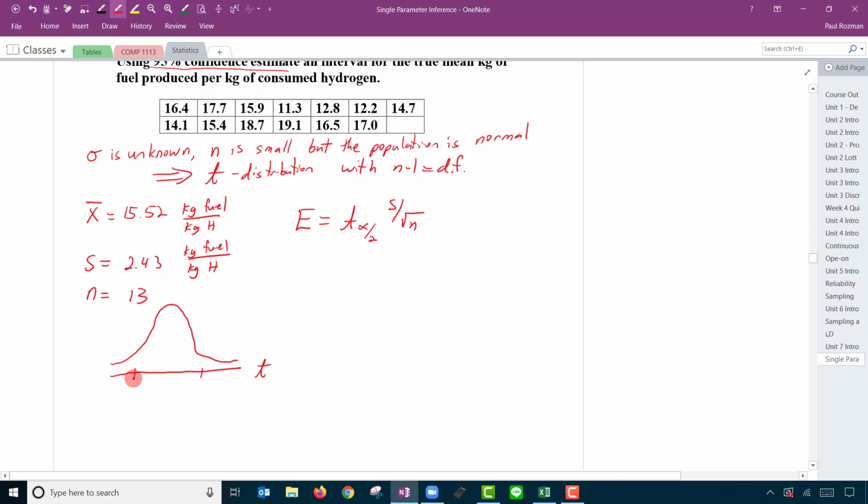It says 95% confident, so alpha is 0.05. We have 95% in the middle, and then these tails will each have alpha over 2, or 0.025, for an area.